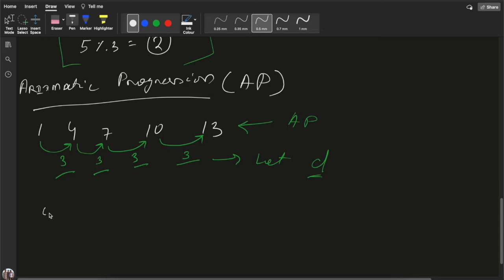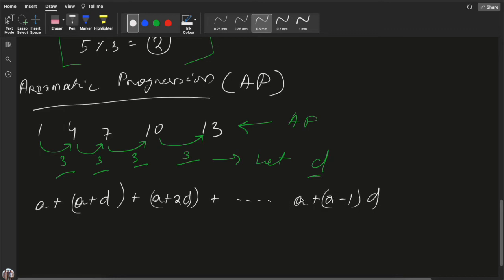We can write like this: A, plus A plus D, plus A plus 2D, plus, till the end, A plus N minus 1 into D. Why N minus 1?